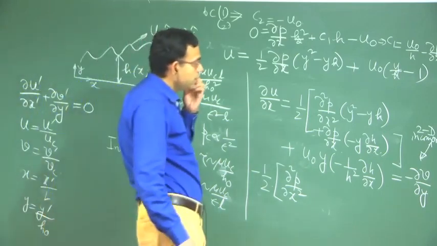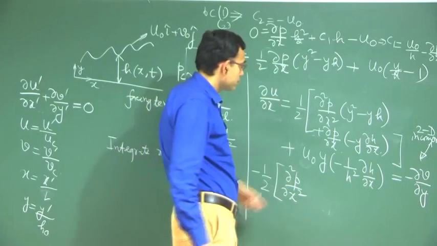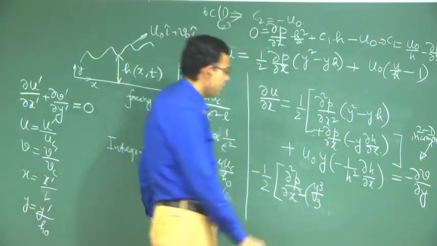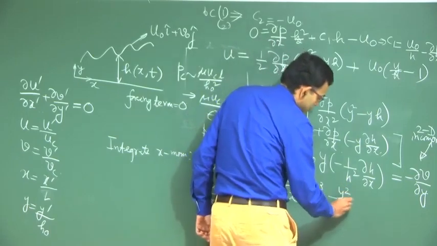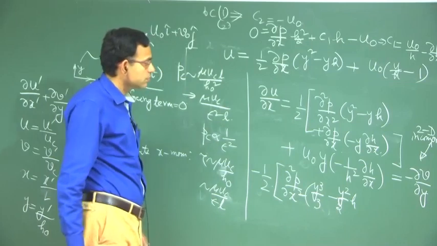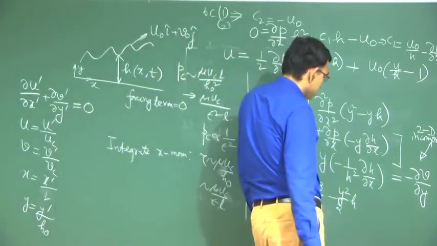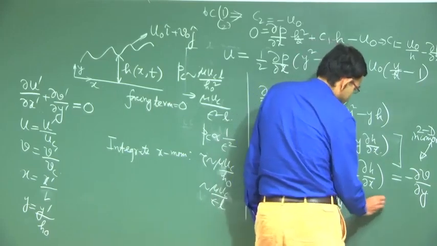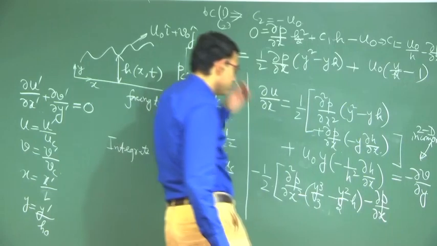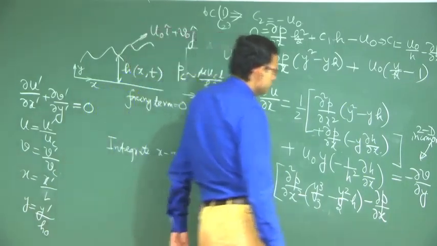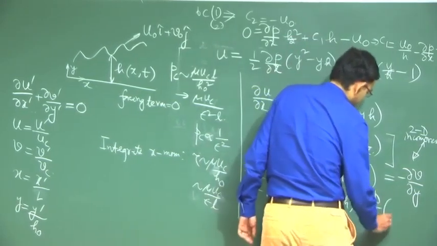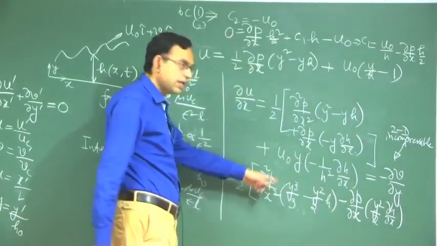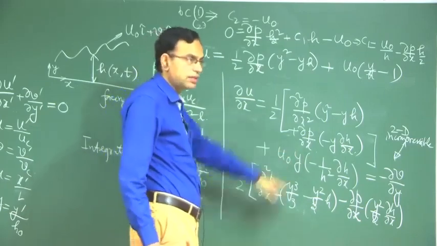Okay. So, then this will be y cube by 3 minus y square by 2h, then, if I make any mistake just alert me, do not just blindly copy, you do it yourself and then check.